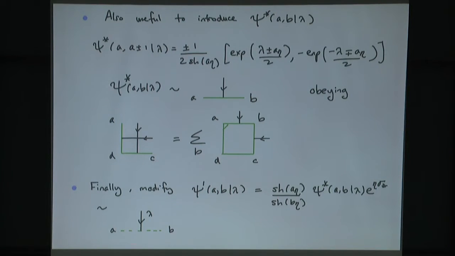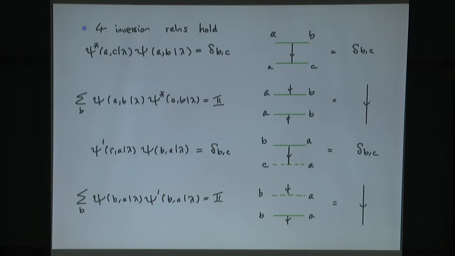And finally, just because I need it, I need to slightly modify this star of this dual operator and introduce another one, which is a sort of modified version of this that I'm going to indicate diagrammatically by putting a dotted line on here. Okay, then if you do that, you get these inversion relations that are kind of key to making this all work.